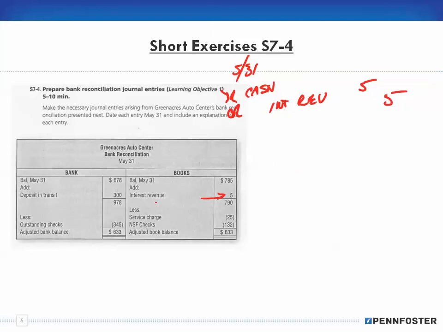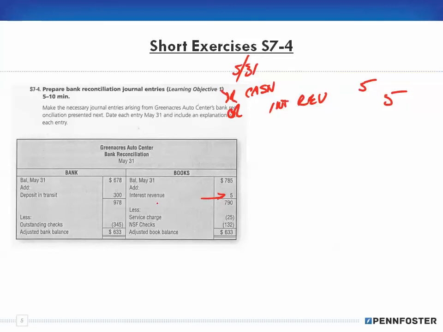If you're just looking at this interest revenue for $5 and you think, oh, I know I'm supposed to do interest revenue, then you have to be thinking about whether you debit or credit it. You might get it right for credit to interest revenue, but then you might be thinking, what's the other half of the entry?